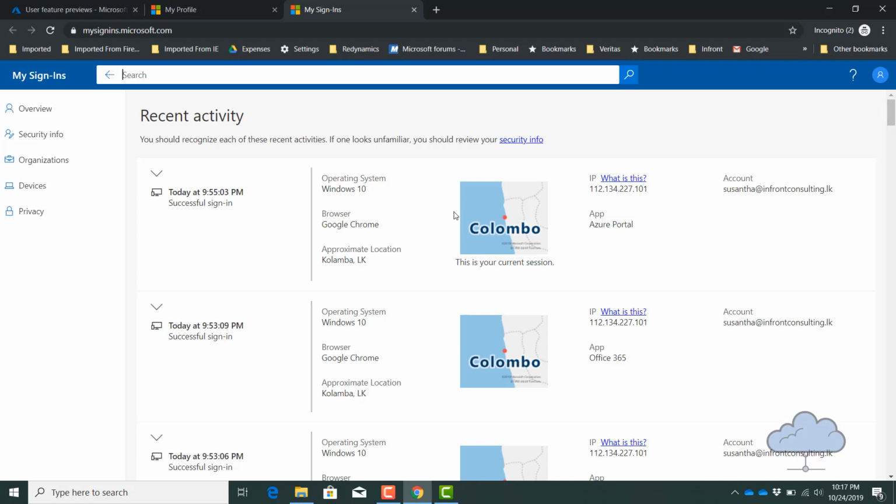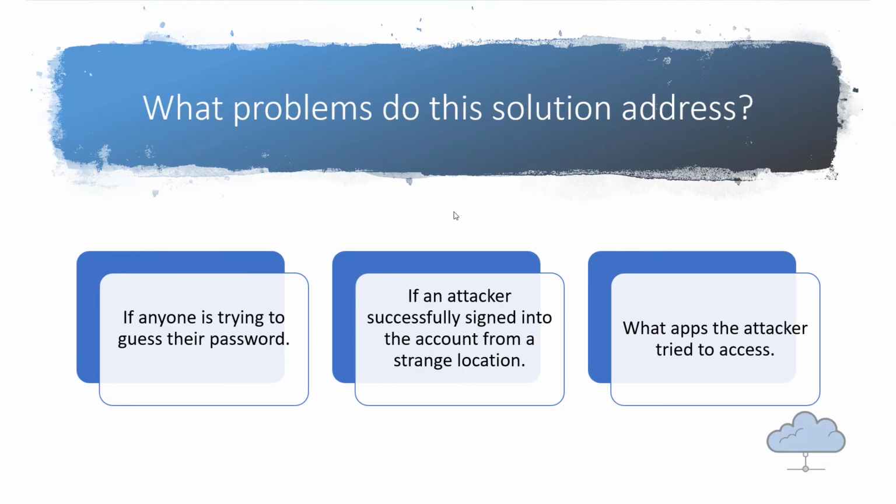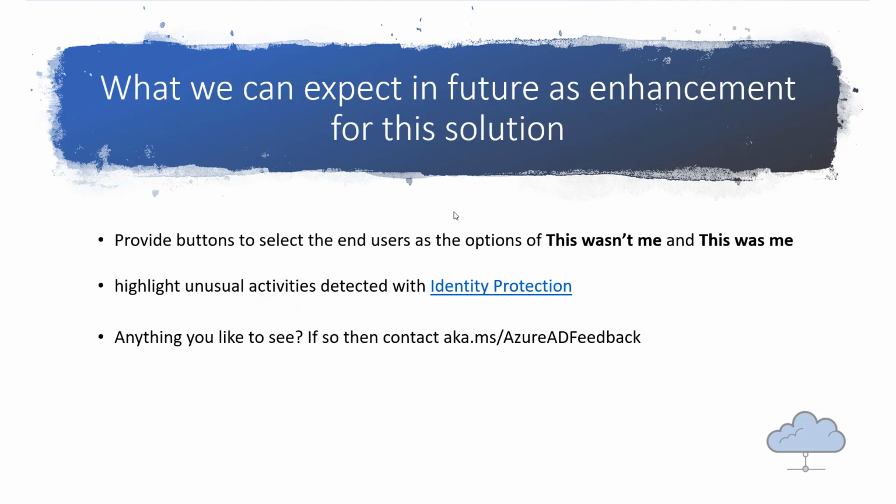If I switch back to the presentation deck, now you saw how it works, but is that all? What's the future? In future, according to Microsoft, they are going to introduce two buttons in front of those logins, saying this wasn't me or this was me. Then he or she can authorize or acknowledge that particular login.